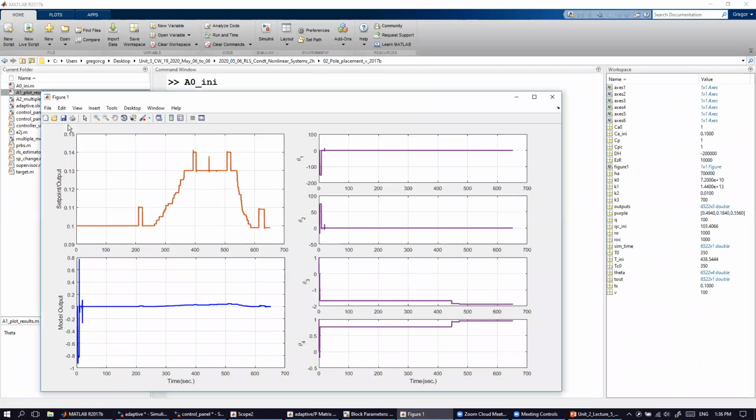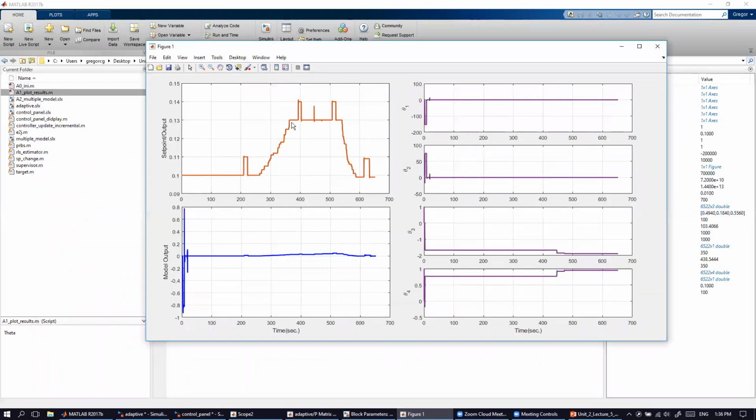Okay, so this is now my plot of the set point and the plant output. These are the parameters, and this is the model output. First, we have done our controller tuning in this region here.